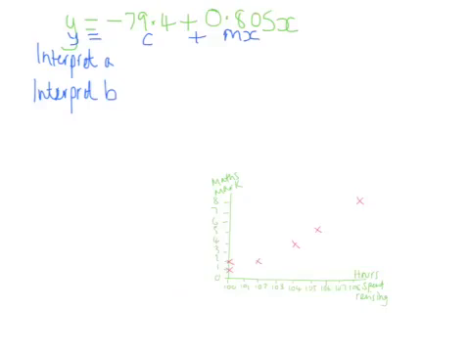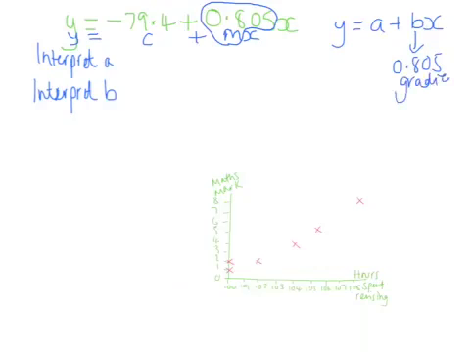So in actual fact, the 0.805, which is the B, because the line is A plus Bx, the B is 0.805. That looks to me a little bit like the gradient. And the A is like the C, isn't it? So the A is minus 79.4, which looks a little bit like where it cuts the y-axis.